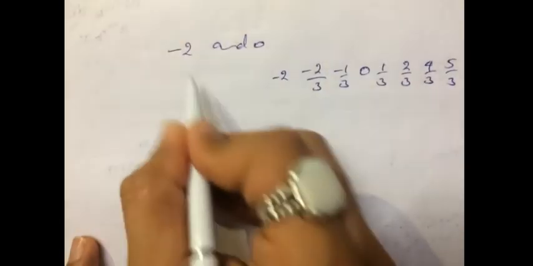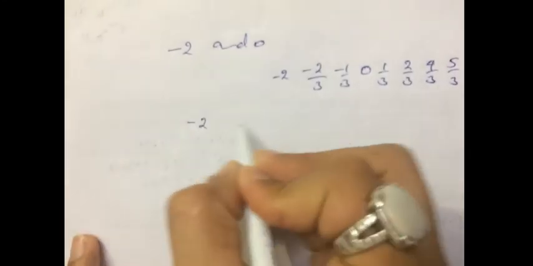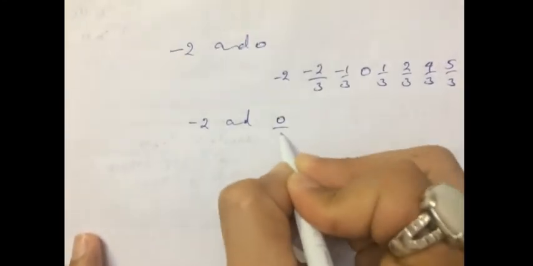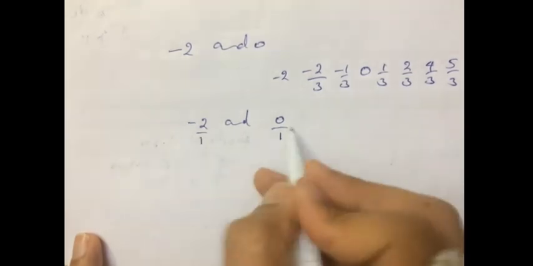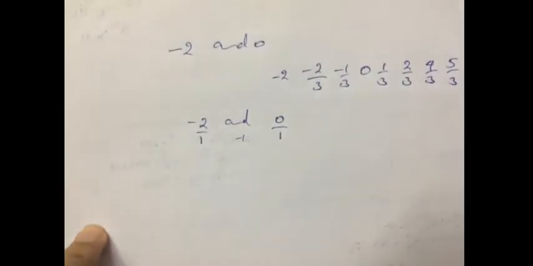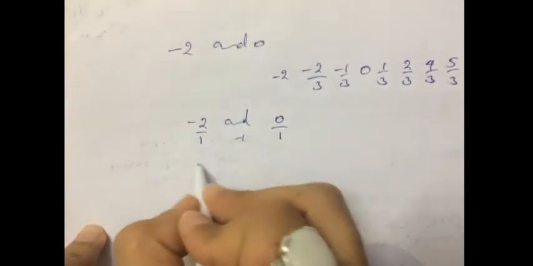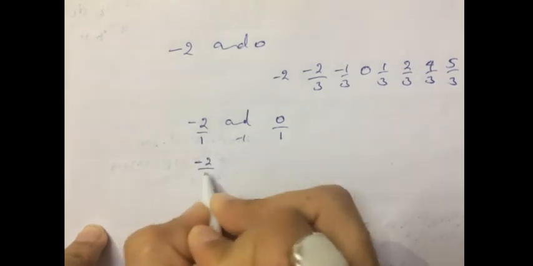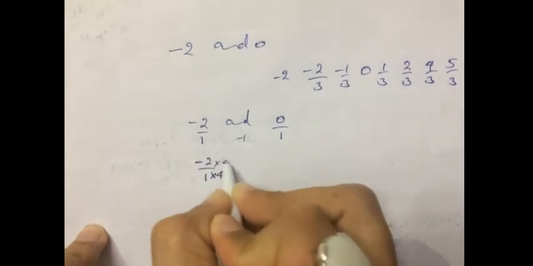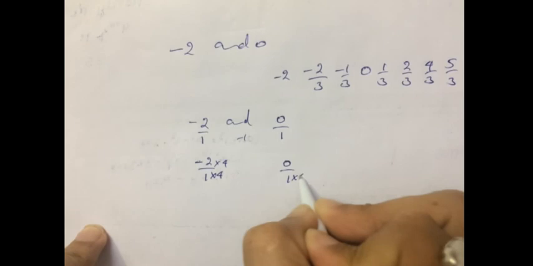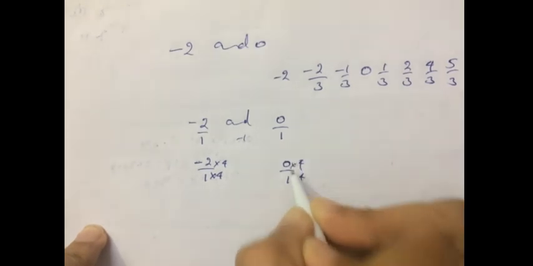Either you can write it like this, or if you want to solve it between minus 2 and 0, then minus 2 by 1 and 0 by 1. There is only one number in between these, that is minus 1. So we have to increase the range. Let's multiply with 4. Minus 2 by 1 into 4 into 4, 0 by 1 into 4 into 4.